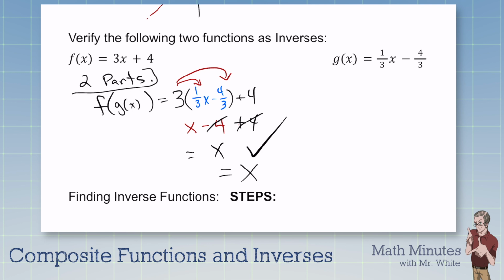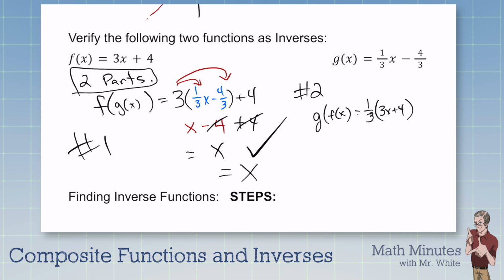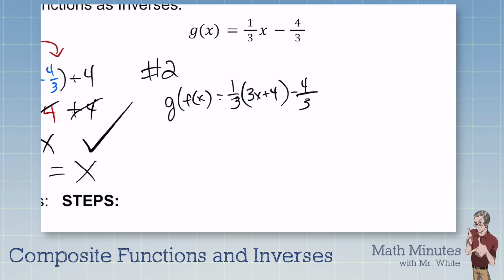So that's part 1. Number 2 is where we now do it the other way around, g of f of x. We're going to take our g function, which is 1/3 times the input minus 4/3. And we're going to simplify that a bit.